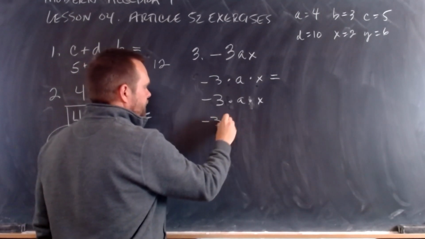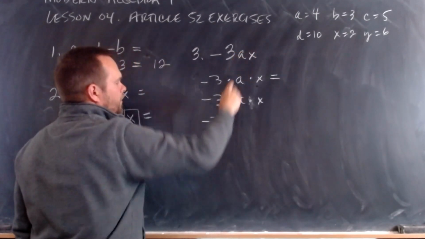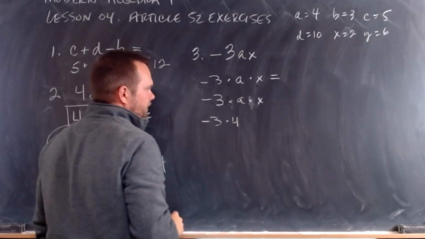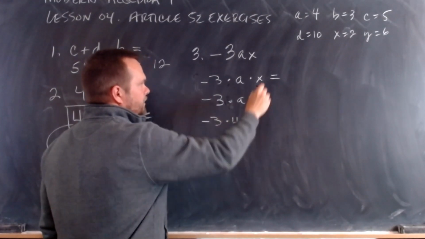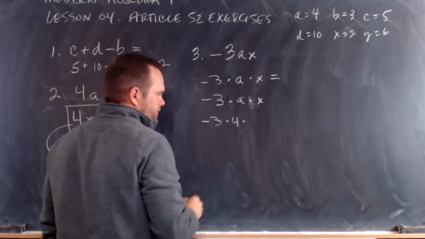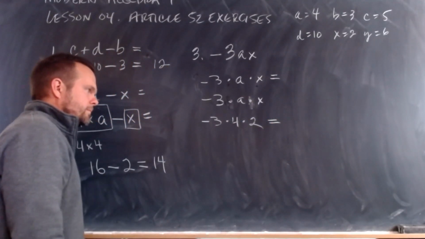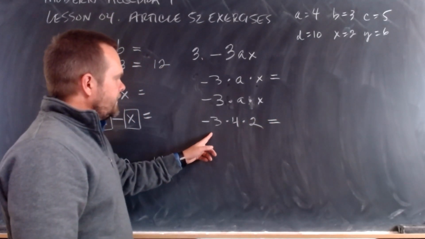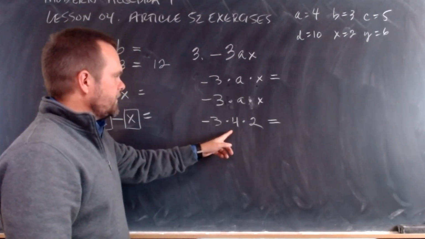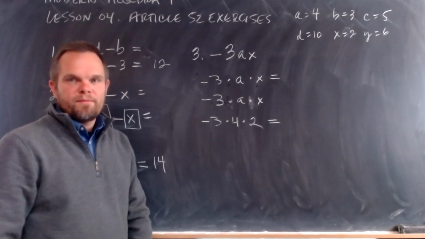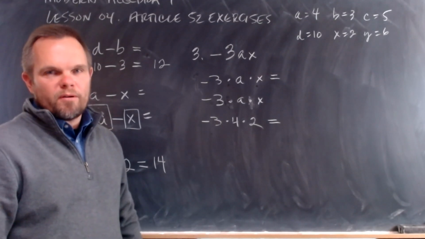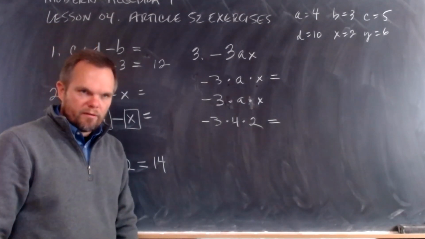Negative 3 times a, where a equals 4, times x, where x equals 2, is negative 3 times 4. What's 3 times 4? 12.